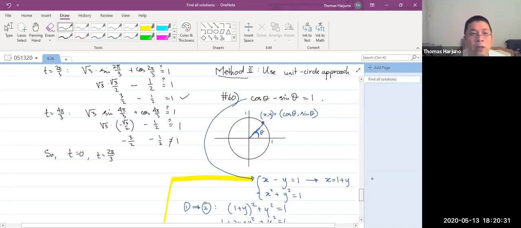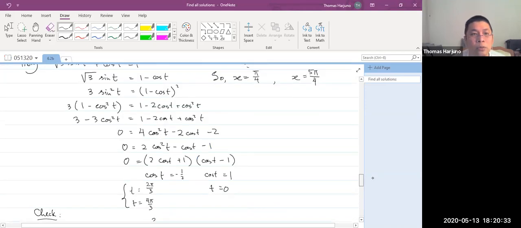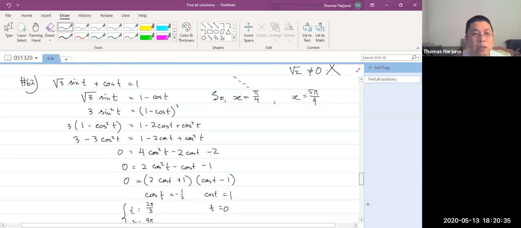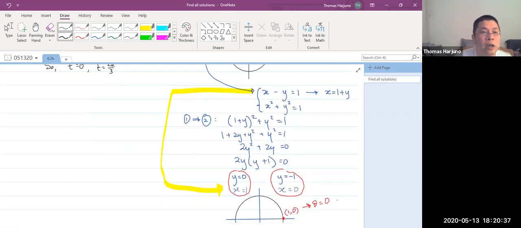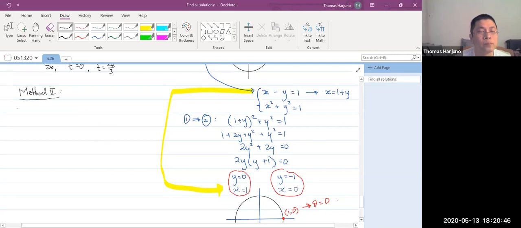Now, how about the last question, number 62? Again, I use method 2. The equation is square root of 3 sine t plus cosine t equals 1.